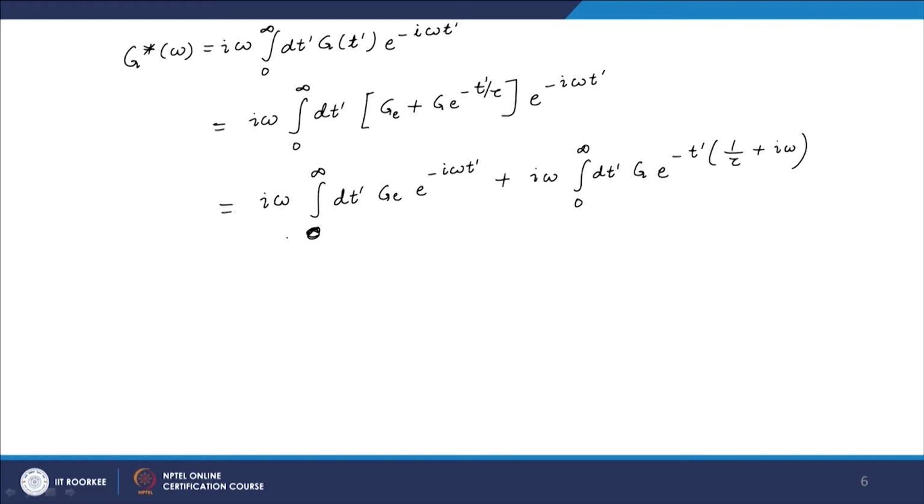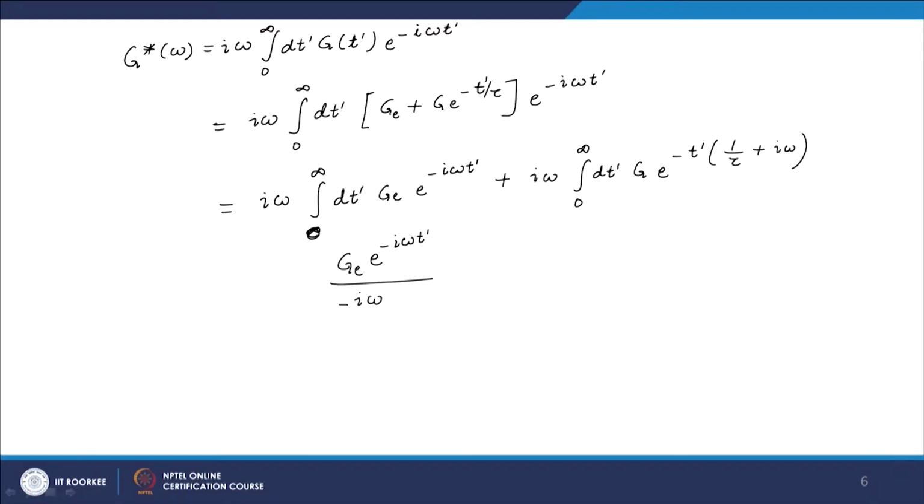If I integrate this, what you will get is Ge exponential of minus I omega t prime by minus I omega, and then if you look at it, this will become a complex number. So, application of limits becomes difficult here. So, we use a trick here that will be clear once we do it.